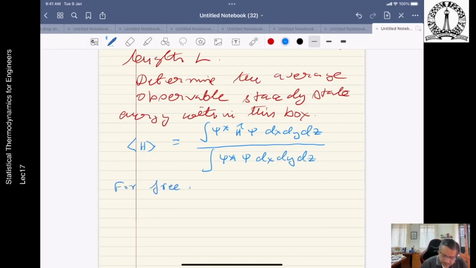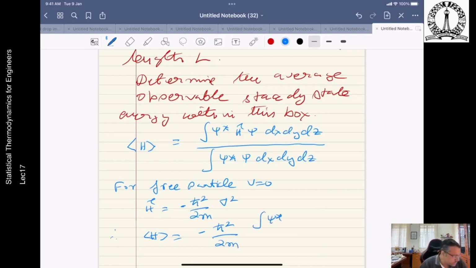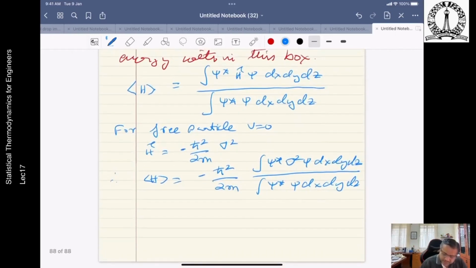For a free particle, V is equal to 0, and the Hamiltonian operator becomes minus h bar squared by 2m into the Laplacian. So the mean energy becomes minus h bar squared by 2m times the integral of psi star del squared psi dx dy dz divided by the integral of psi star psi dx dy dz. Okay, so this is the equation.